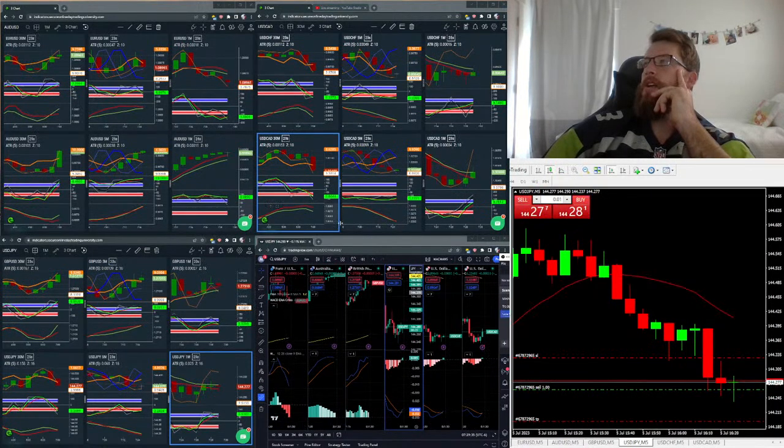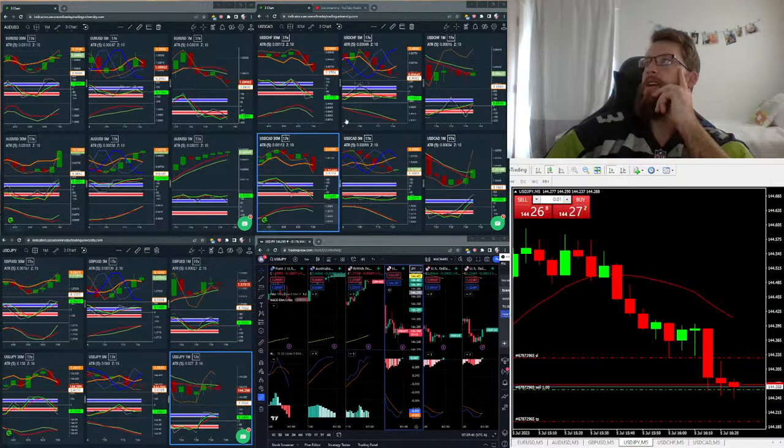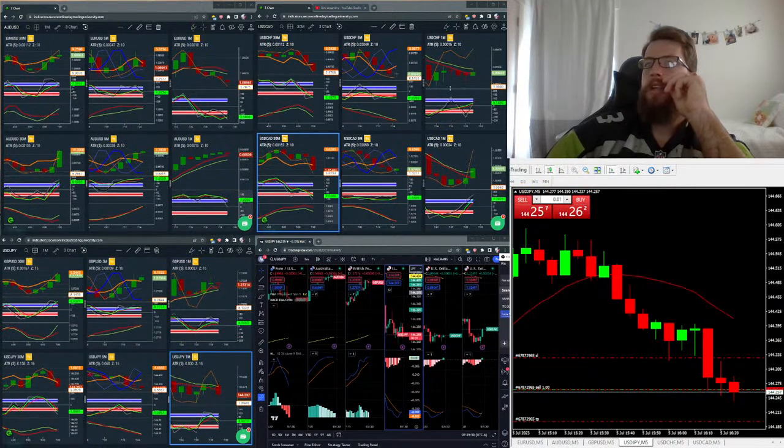And it looks like we're starting to get a pullback on the CAD, getting a little pullback on the Chief, so we might actually look at going short on the Chief again.